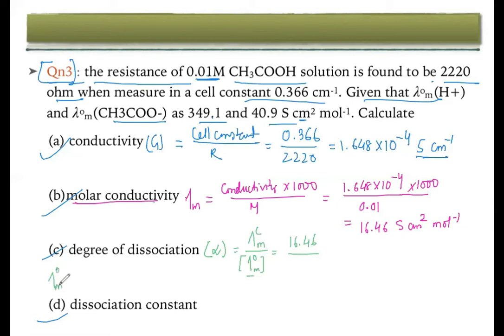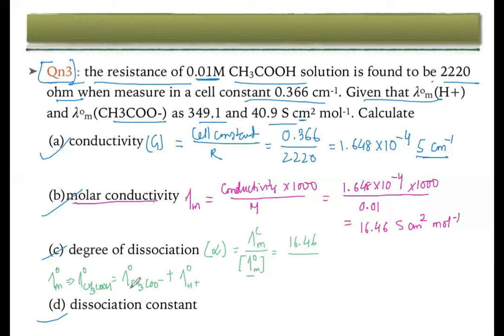So what is this m? M is nothing but the acetic acid he is asking about. For acetic acid, lambda at infinity can be expressed as lambda infinity of CH3COO minus plus lambda H plus infinity.